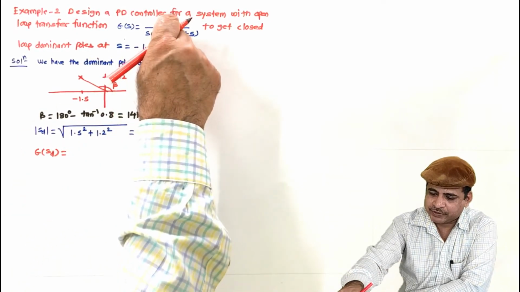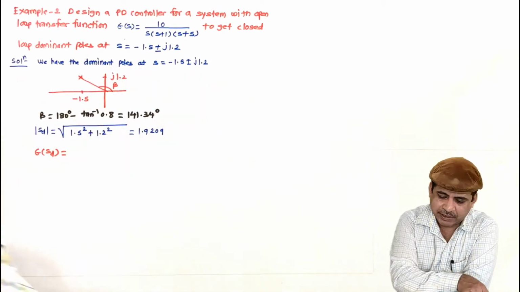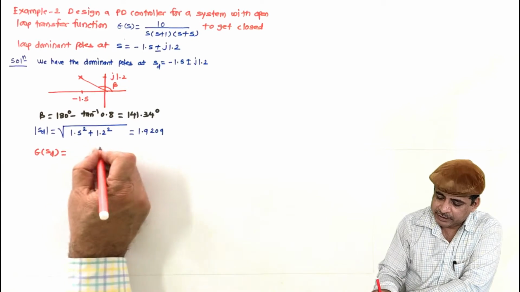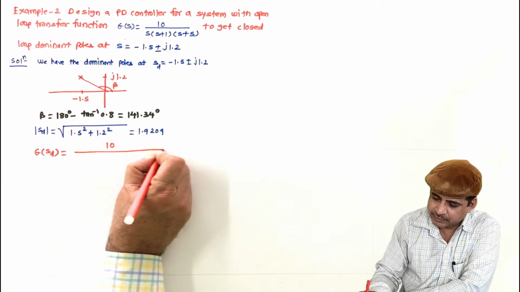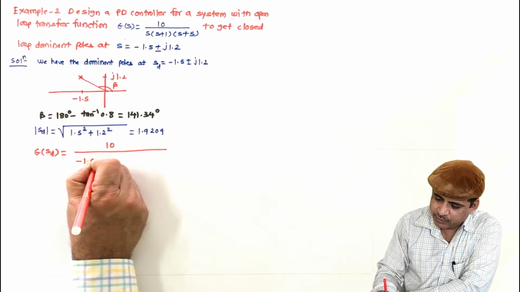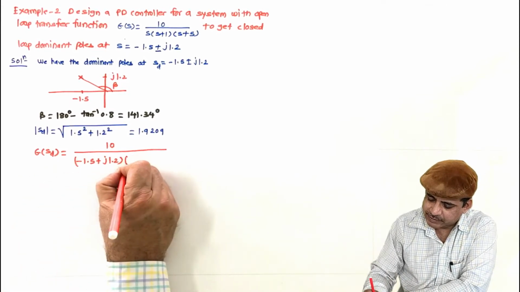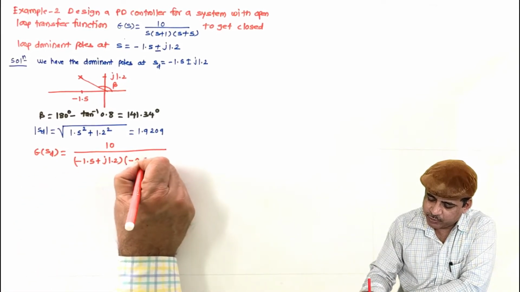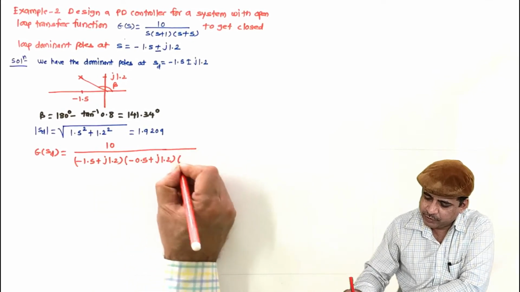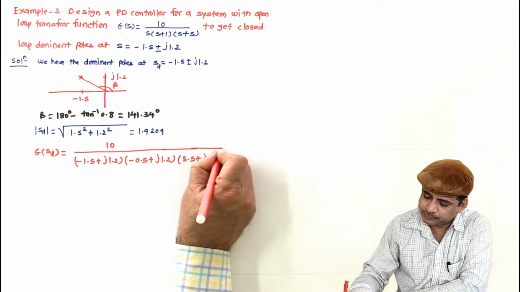Then the next is the transfer function at S equal to Sd. So we have this transfer function, just we will replace every S with this given Sd. So this is Sd, and then it will be 10 upon, this Sd is minus 1.5 plus J 1.2 is S, then S plus 1 will be minus 0.5 plus J 1.2, and S plus 5 will be 3.5 plus J 1.2.